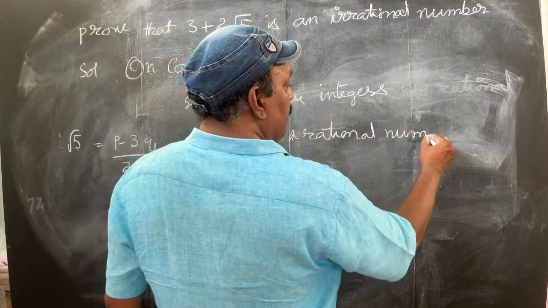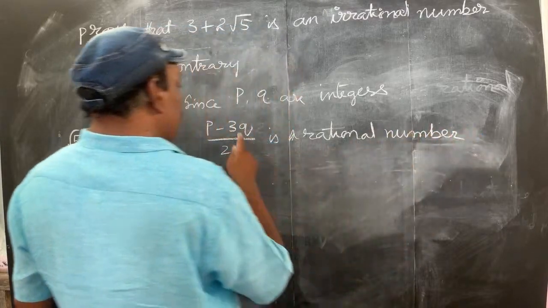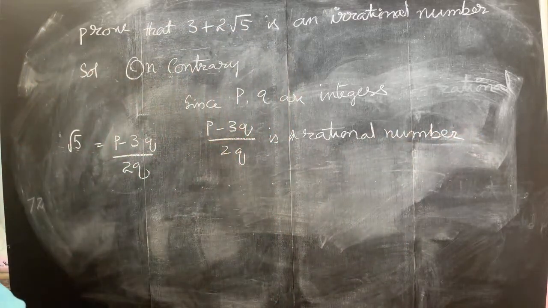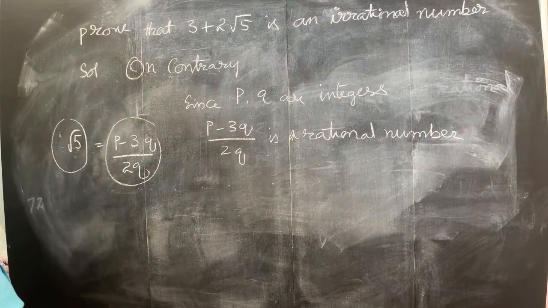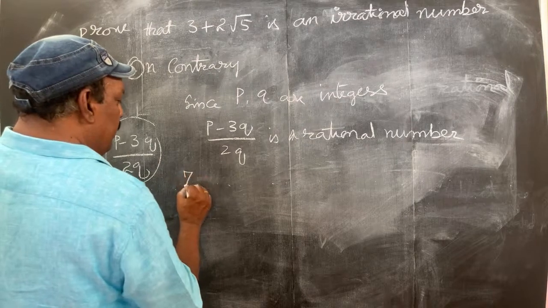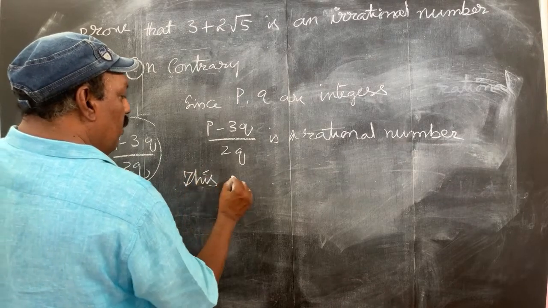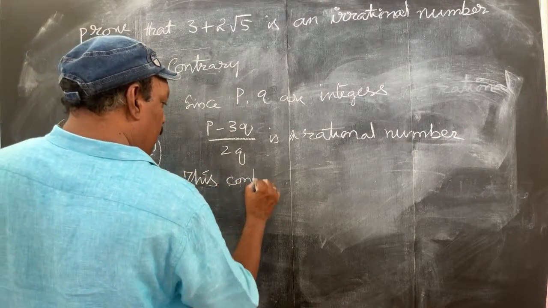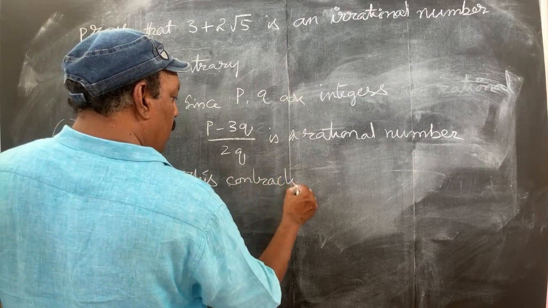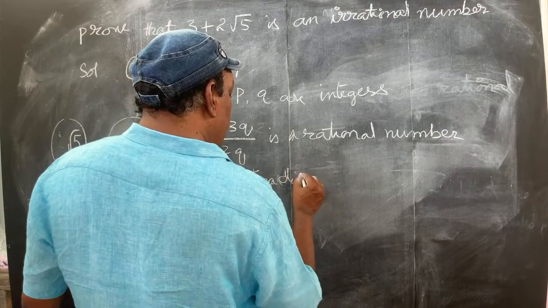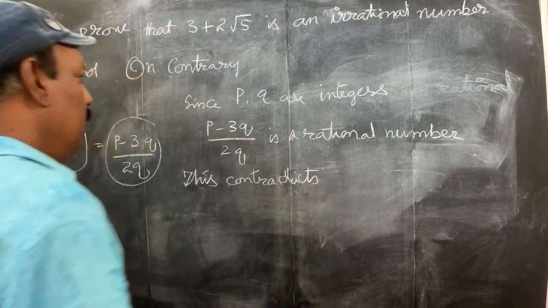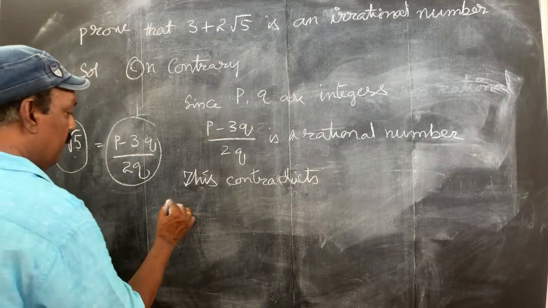Why am I considering this a rational number? Because it is in p by q form. This is a rational number, but root 5 is not in p by q form. So what is happening here? This contradicts our assumption.